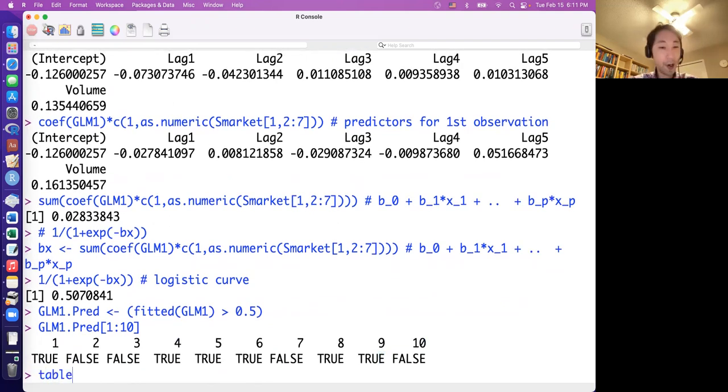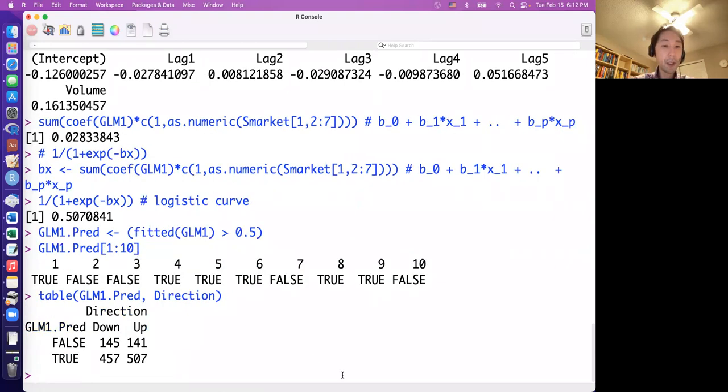So we can summarize this result and see how many of them are correct. So direction is the true direction, and the rows explain the predicted value. So predicted and the actual.